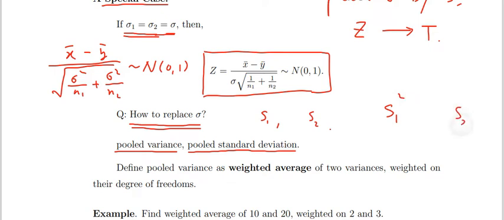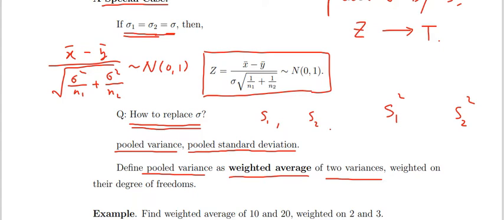Then for the pooled variance, we put them together. We define the pooled variance as the weighted average of those two variances, S1 square and S2 square.